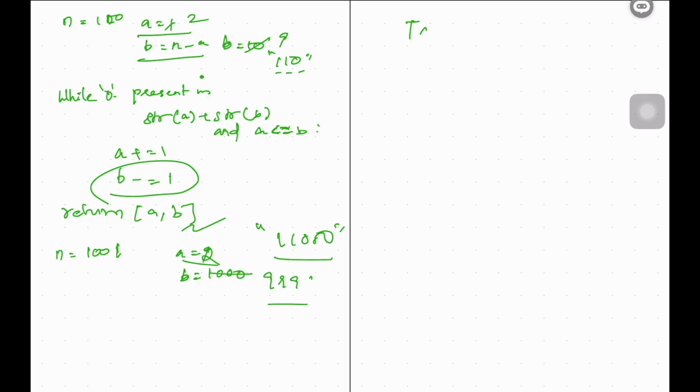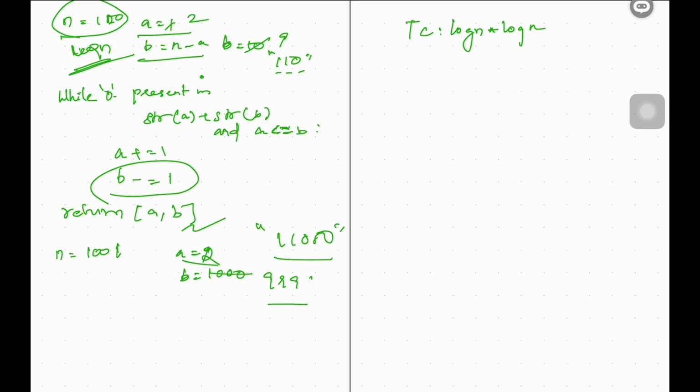The time complexity for this will be, we'll be traversing up to the max, so if it is n, it will be like log n star log n.